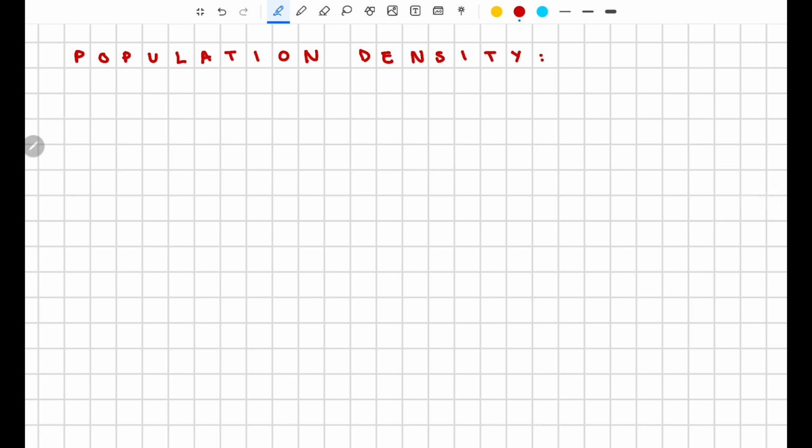Let's start by going over population density. Just as a little definition, population density is the number of individuals per unit area. So it's the number of individuals that live in one unit area. Obviously, depending on the area, the population density is going to vary a lot.